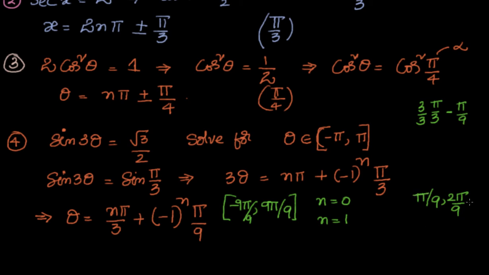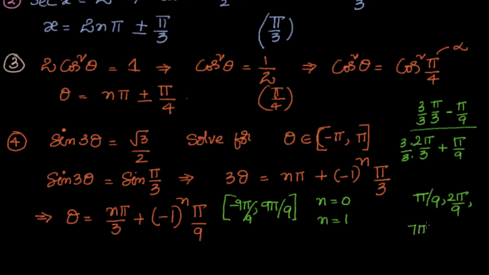Okay, let us see what else we will get. If I put n equal to 2, this becomes 2 pi by 3 plus (minus 1) whole square, which is plus pi by 9. Since I have 9 here, again I will put 3 in the numerator and denominator. 3 2s are 6, 6 plus 1 is 7.